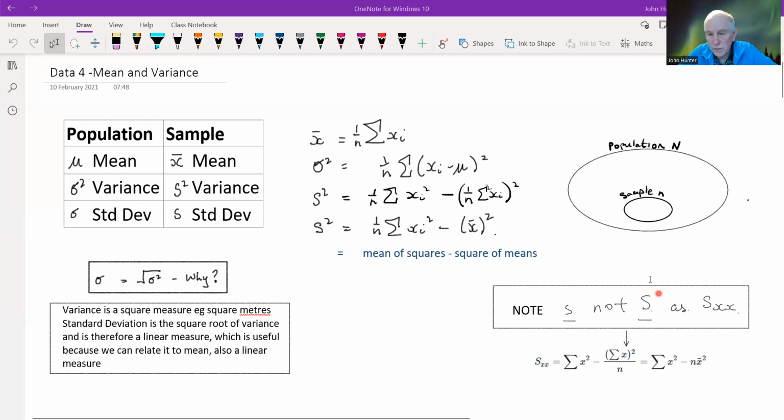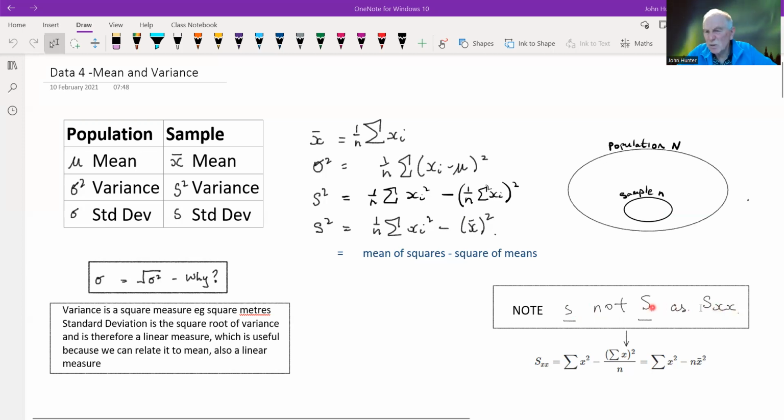Just another little thing to point out is that in some texts you'll see a large S used, usually written like this, maybe SXX, with a couple of letters down there. It's not the same as this. It basically is an intermediate stage in calculating this before we divide by n.